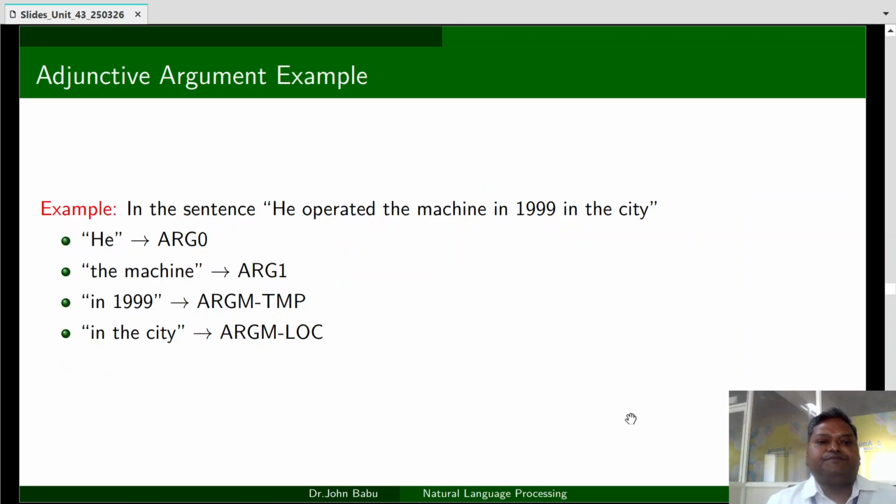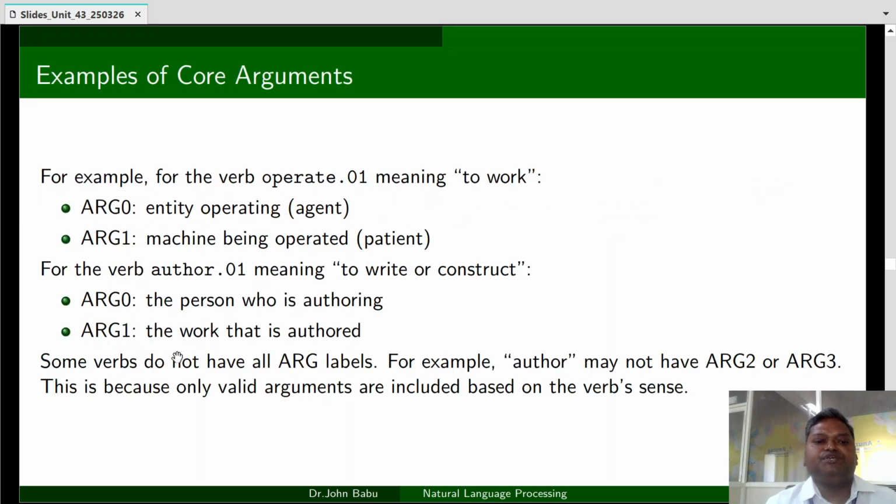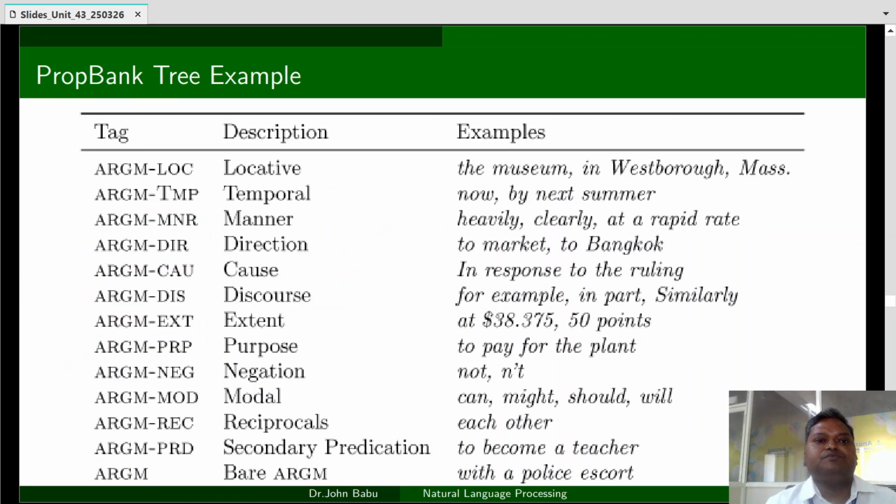For example, take the sentence, he operated the machine in 1999 in the city. Then the core arguments: Arg0, who operated it, he; Arg1, which was operated, the machine; and when, 1999; location, in the city. So this is how we will be storing the predicate information in PropBank.